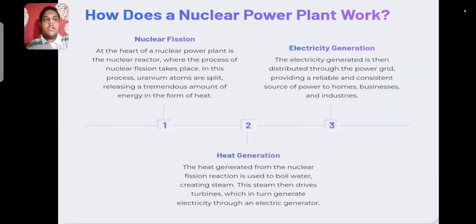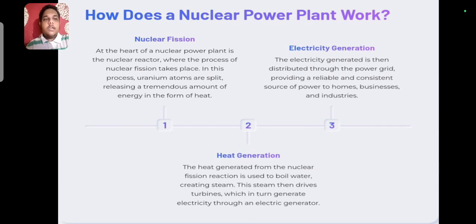How does a nuclear power plant work? Nuclear fission. At the heart of a nuclear power plant is the nuclear reactor, where the process of nuclear fission takes place. In this process, uranium atoms are split, releasing a tremendous amount of energy in the form of heat. Heat generation.